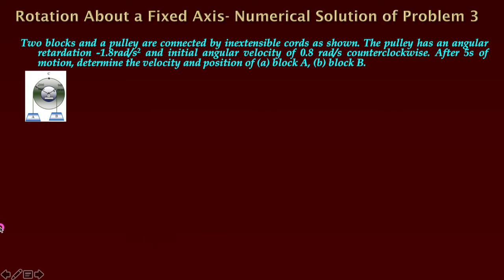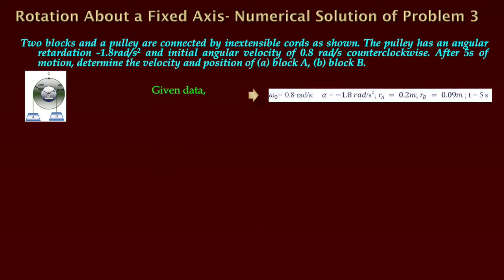Now, as I have told you, to solve any numerical, first we will write the given data in terms of the well-known parameters. Here omega 0 indicates the angular velocity of the pulleys at time 0, at the start, as given here, 0.8 radian per second.